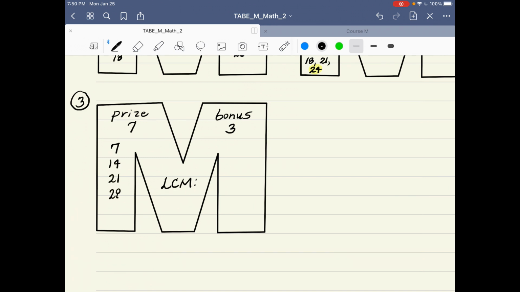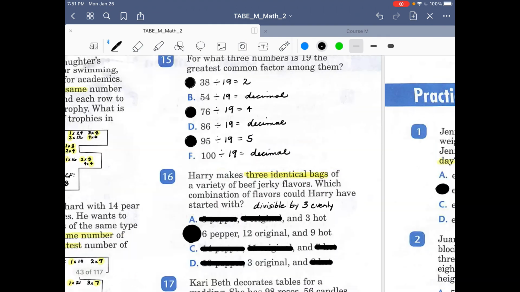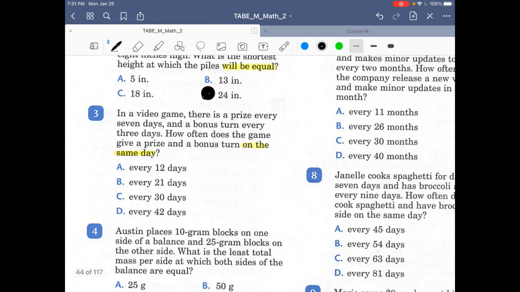I suspect I've got the one I need. 3, 6, 9, 12, 15, 18, 21. So once you get a common one, you can stop. The lowest common multiple is 21. So number 3 is B. Every 21 days.